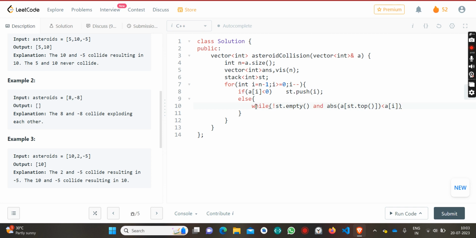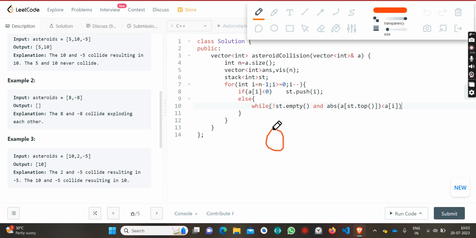Why? Because suppose you have already encountered a big one which is moving to the right, so it will get destroyed. So obviously I will not keep this, because it will not matter any further if I move on to another asteroid in the left.